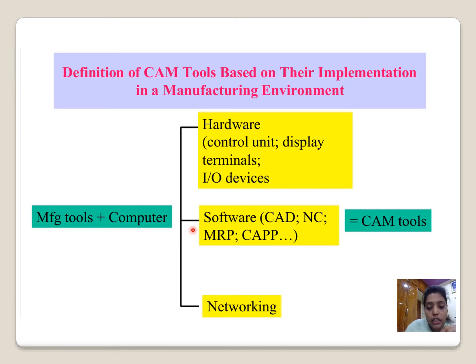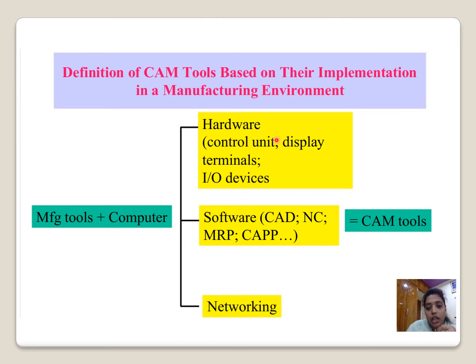For example, keep in mind only CNC machines, how they operate in industries. Keep that in mind and then you can understand very easily. Manufacturing tools plus computer: in this, hardware, software, and networking will come. These three are the main parts in the manufacturing process.